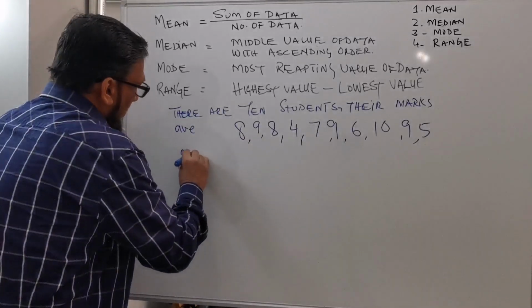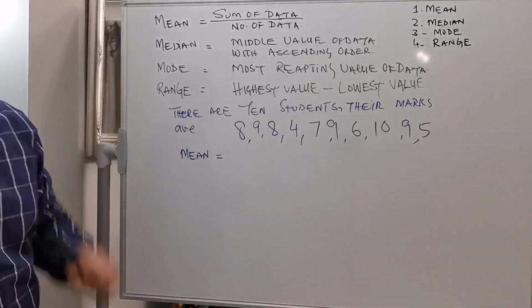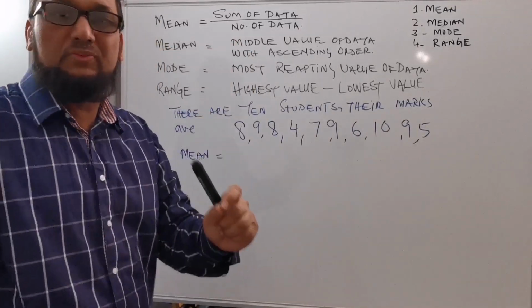So first, as per the mean, we know that it is the sum of data divided by the number of data.